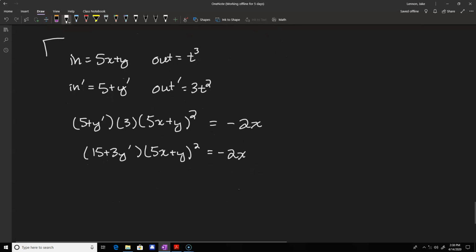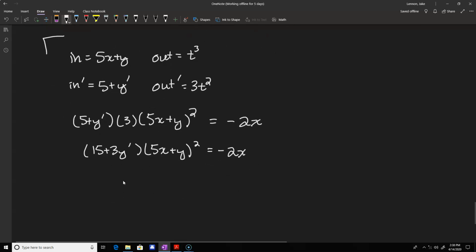And then we want to distribute each of these terms to the 5x plus y quantity squared. So we get 15 times 5x plus y quantity squared plus 3y prime times 5x plus y quantity squared, and that equals minus 2x.